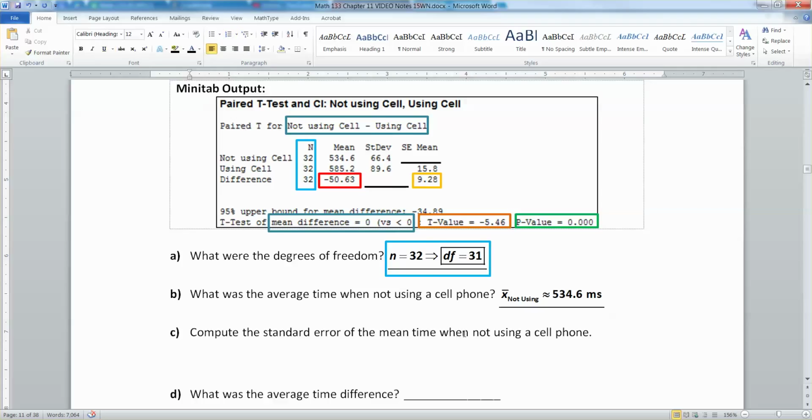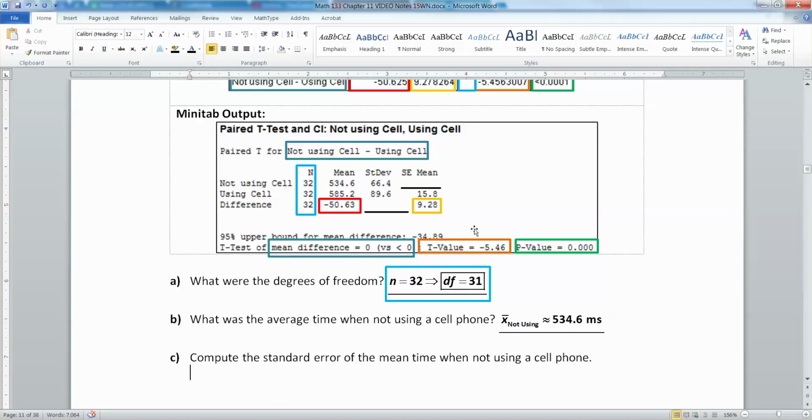Now we're going to compute the standard error of the mean time when not using the cell phone. You can see that you were given the standard deviation right here, 66.4. And we want to compute the standard error, which is blocked off in the notes. But remember that the standard error of x bar is approximately s over the square root of n.